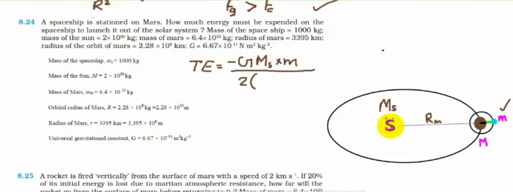The total distance from the Sun we need to calculate. So it is Rm plus the radius of Mars, as indicated here in black color. So we can write it as R plus h, the height of the spaceship from the surface of Mars.